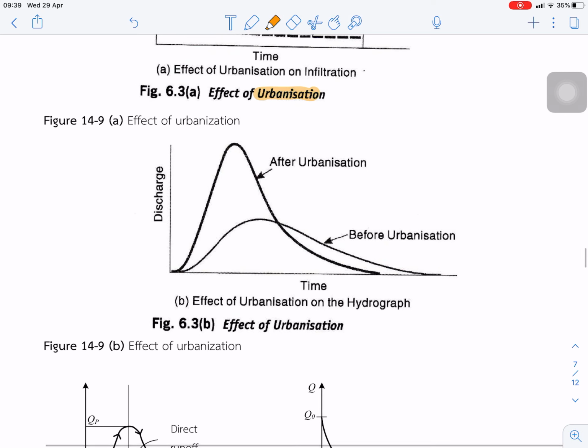Before urbanization, when the infiltration rate is high, we expect the peak to be smaller and flatter. But after urbanization, we expect the peak to increase, and the peak comes faster compared to before urbanization.